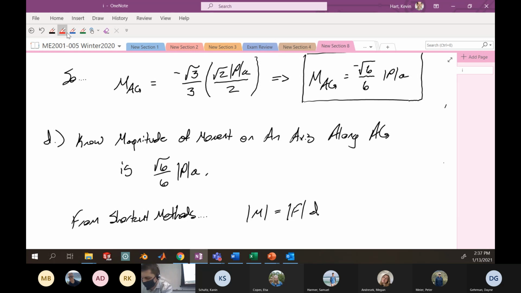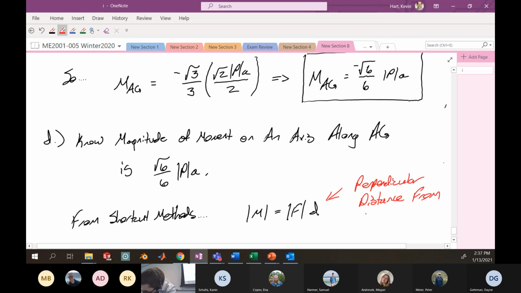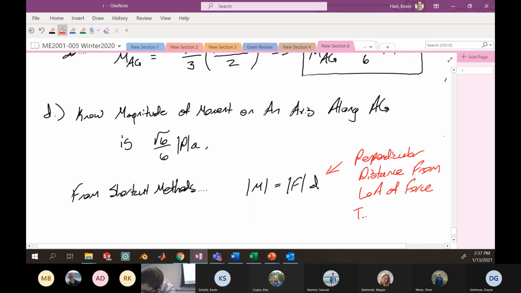This is from the end of the week last week, where this d is the perpendicular distance from line of action of force to point of interest.